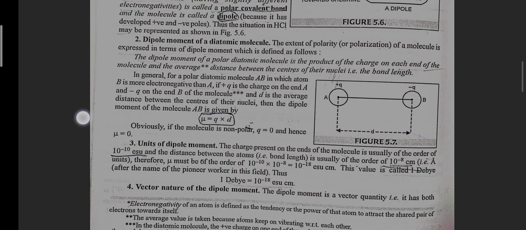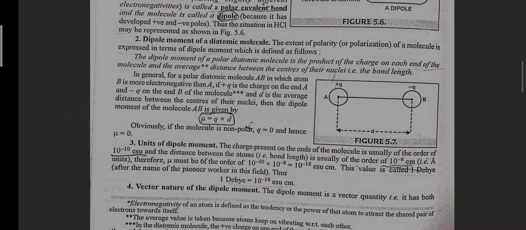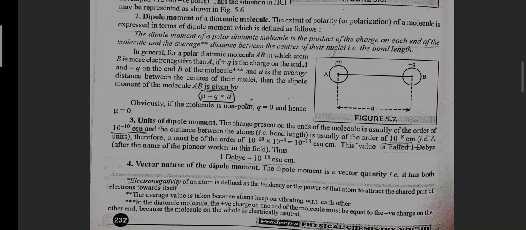In general, for a polar diatomic molecule AB, in which atom B is more electronegative than A, if plus q is the charge on the end A and minus q on the end B of the molecule, and d is the average distance between the centers of their nuclei, then the dipole moment of the molecule AB is given as mu equals q into d. Obviously, if the molecule is non-polar, then q will be 0 and hence mu equals 0.